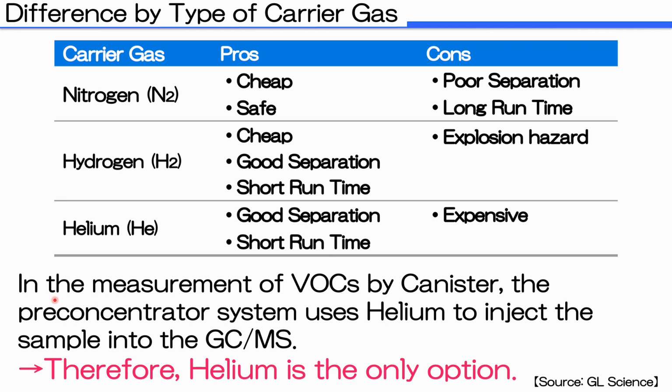In the measurement of VOC by canister, the preconcentrator system, which I explained earlier, uses helium to inject the sample into the GCMS. Therefore, helium is going to be the only option for this type of analysis.